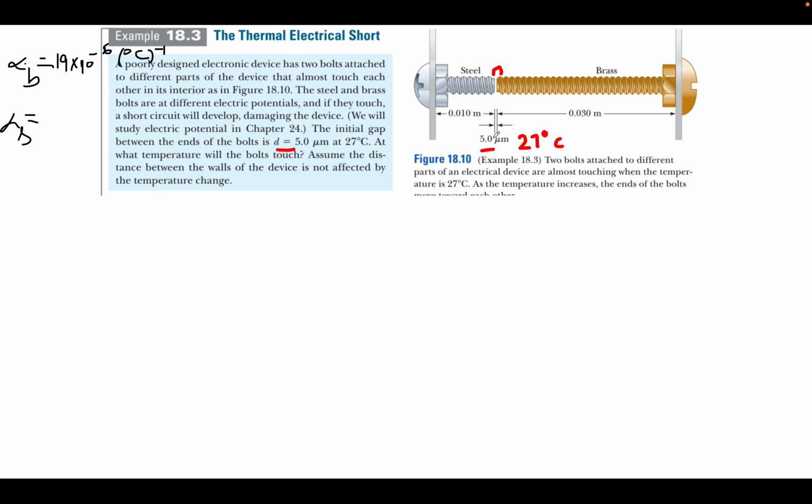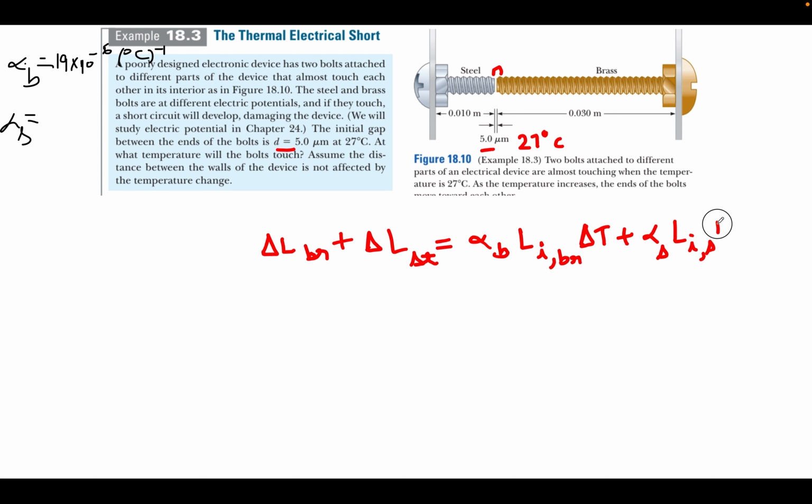So the expansion term is given here, right? We will use that formula, delta L, the linear expansion, for brass. Obviously alpha will be different from steel, so we will take them separately. So alpha brass times the initial length of brass Li, times the change in temperature, plus alpha steel times the initial length of steel times delta T, gives you the total expansion term.